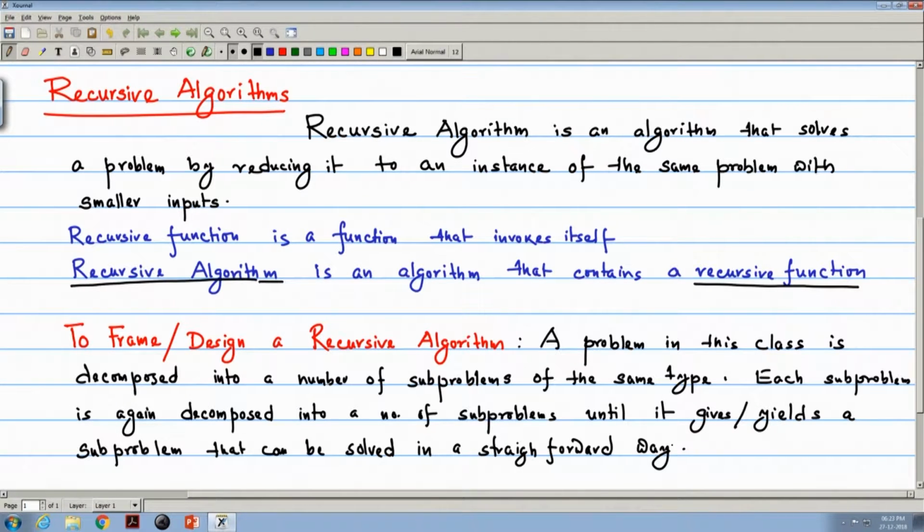So, the approach is nothing but the divide and conquer method.